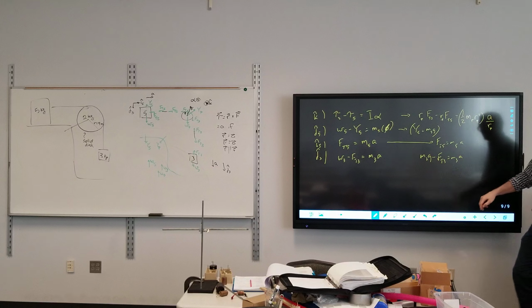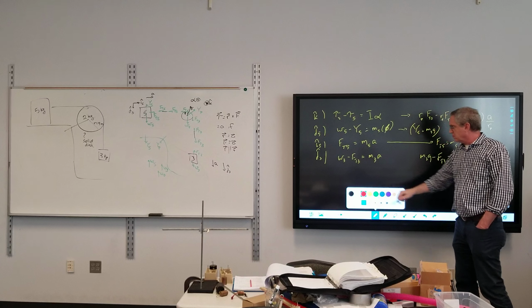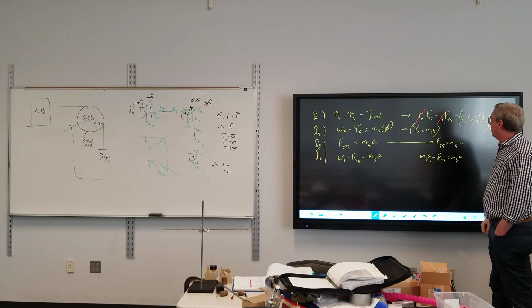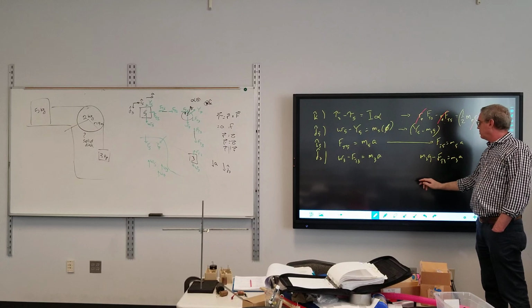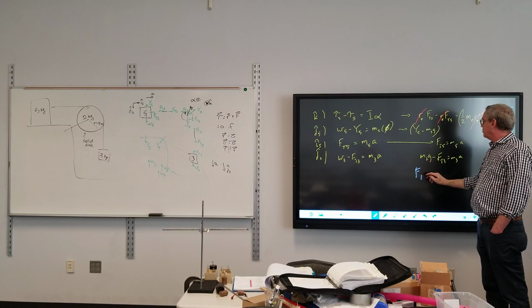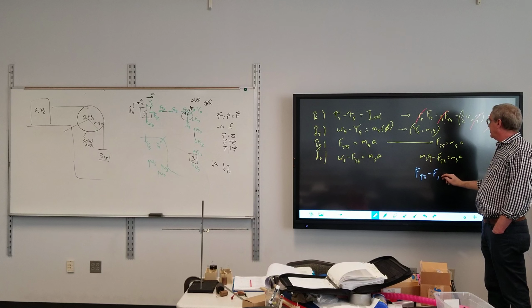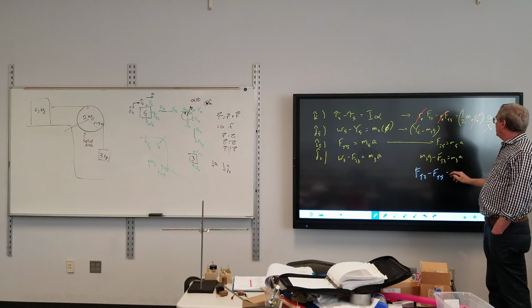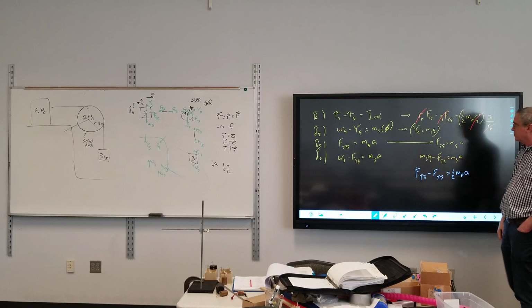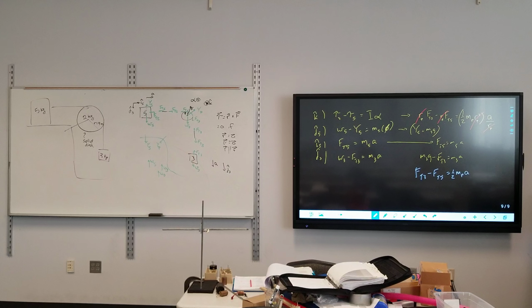Here, we canceled out the r's, as has already been referenced. And so that equation becomes ft3 minus ft5 equals 1/2 mass of the pulley times A. And then you add them all together.